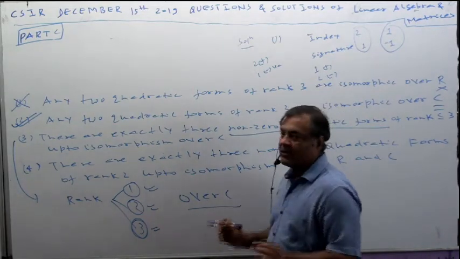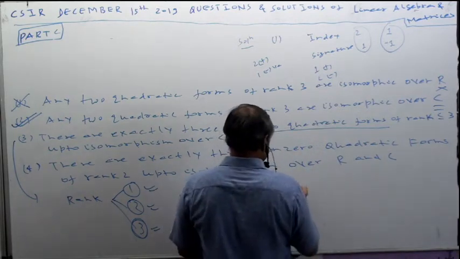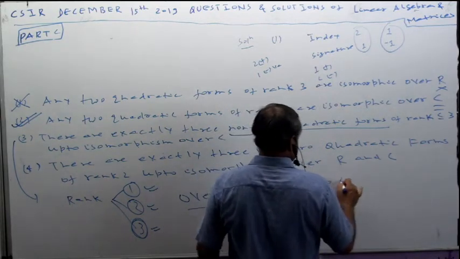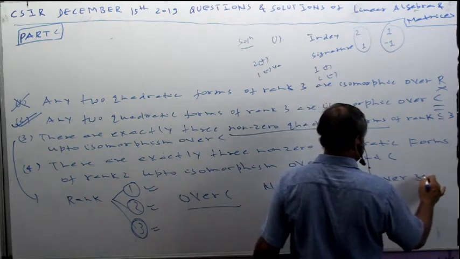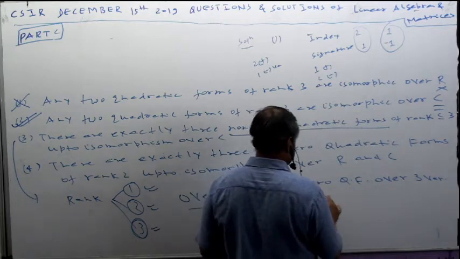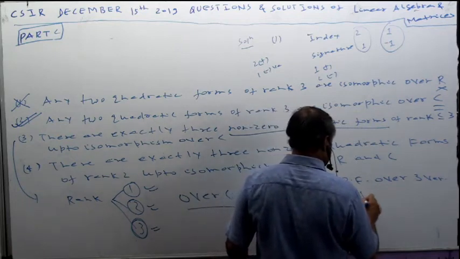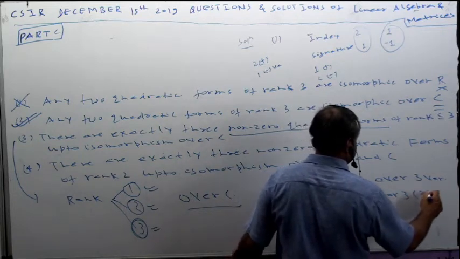And watch in the option, non-zero quadratic form. So a non-zero quadratic form can be of rank, you can write your statement also: a non-zero quadratic form over 3 variables is of rank 1, 2 or 3. Exactly 3 cases.